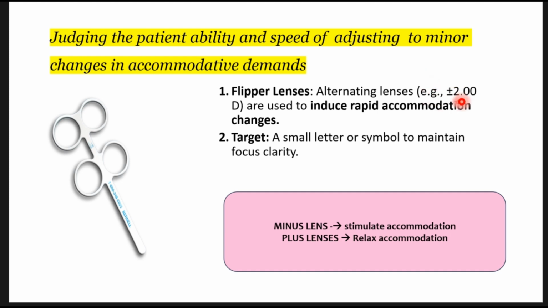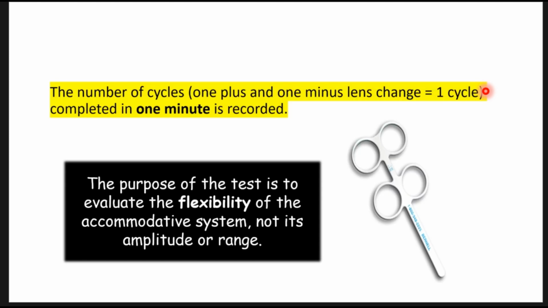The change in accommodation is going to be the same, plus or minus 2, either stimulating or relaxing accommodation, but we are doing it really rapidly, right? All right. So here one cycle is 1 plus lens and 1 minus lens. And the number of cycles that the patient can clear in 1 minute is your accommodative facility, right?